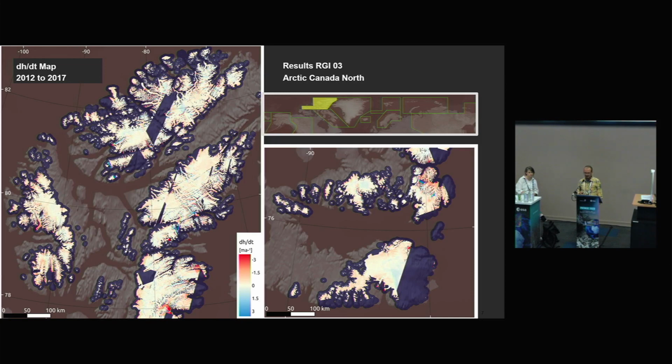What you can see is that the color bar, which I will leave constant from -3 to +3 meters of elevation change per year, is here not used very much to its extremes, so very large parts are more or less neutral signal, but you see a slight tendency to negative change as well.